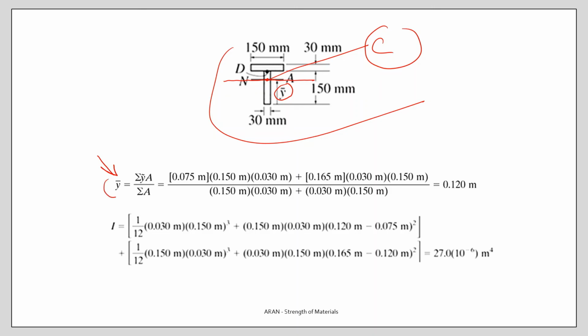So the Y bar is determined as 120 millimeters, 0.12 meters, and the moment of inertia going through this point is 27 10 to the minus 6 meter to the 4th power.